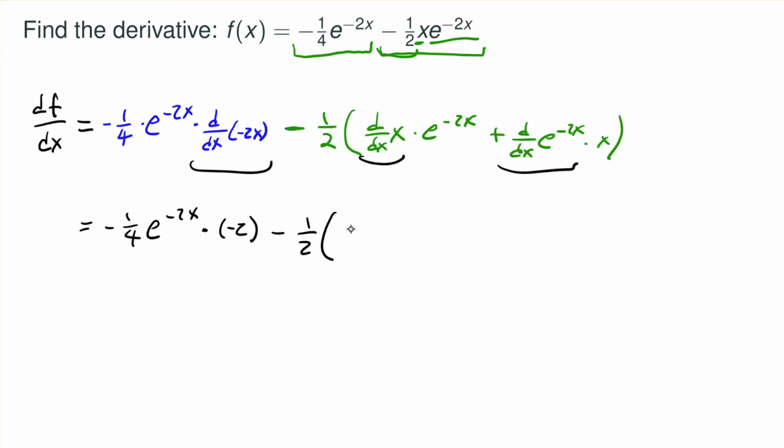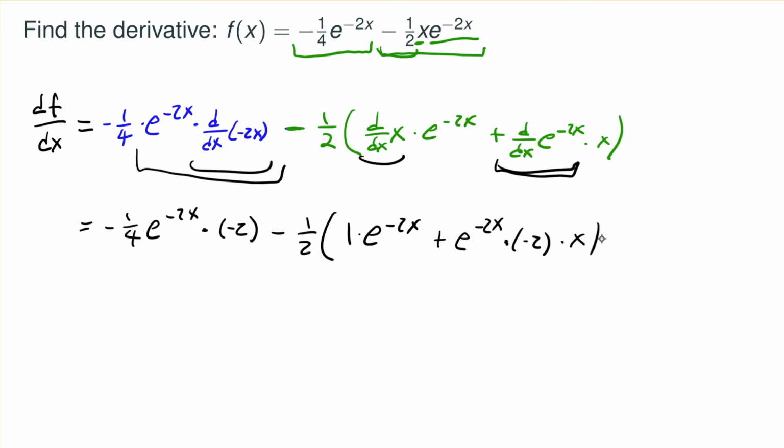Derivative of x is 1 times e to the negative 2x. Now here we literally took the derivative of the same thing right here, right? Which was this. Well, we can do it again. Plus derivative of that is e to negative 2x multiplied by negative 2 by chain rule times x.